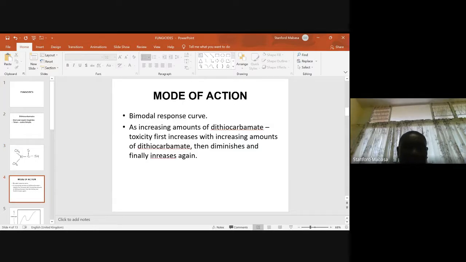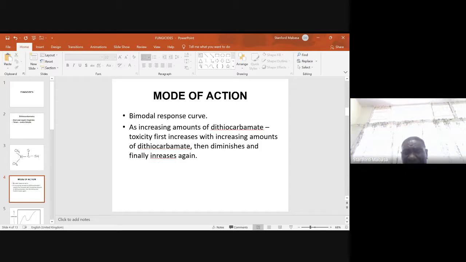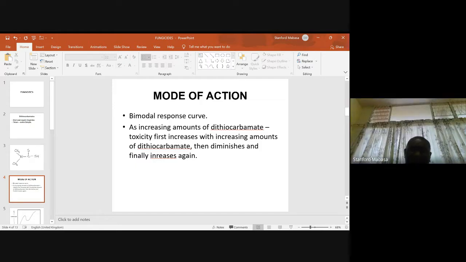I just want to talk about the mode of action of the fungicide dithiocarbamate. They say that it has a bimodal response curve. If you increase the amount of dithiocarbamate, at first toxicity is increased with increasing amounts of that pesticide.